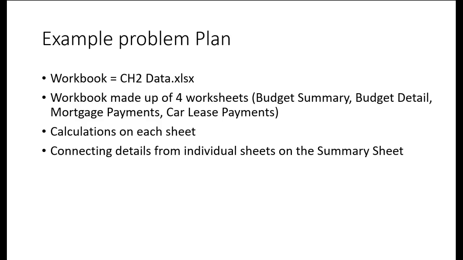And that workbook, once you have downloaded it, is made up of 4 worksheets: the budget summary worksheet, the budget detail worksheet, the mortgage payments worksheet, and the car lease payments worksheet. So you'll be doing calculations on each of those sheets, and then we'll be connecting the details from the individual sheets back up onto that budget summary sheet.